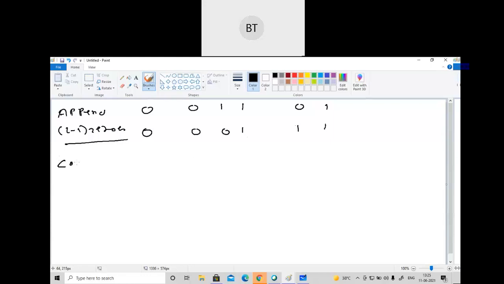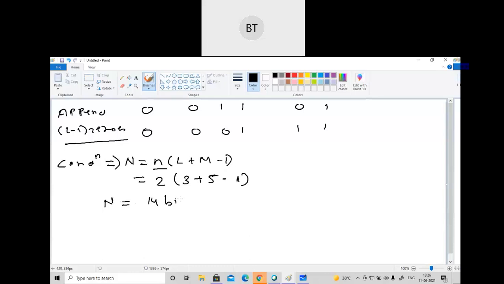One condition is there in the convolution code for finding the number of code bits, that is capital N, which will be equal to small n into L plus M minus 1. So what was our small n? You can see here 2 into 3 plus 5 minus 1. So what value of capital N will you get? 14 bits.